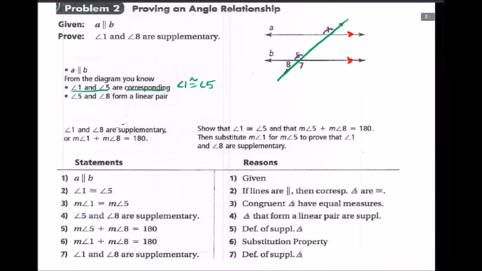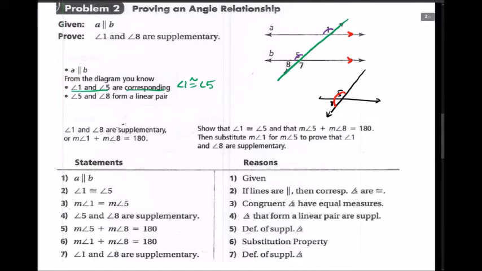And what else do you see? Do you see that we have, and let's redraw here. We like to redraw. We're going to start redrawing things. We've got 5 and 8. That's an 8. Do you see that linear pair?